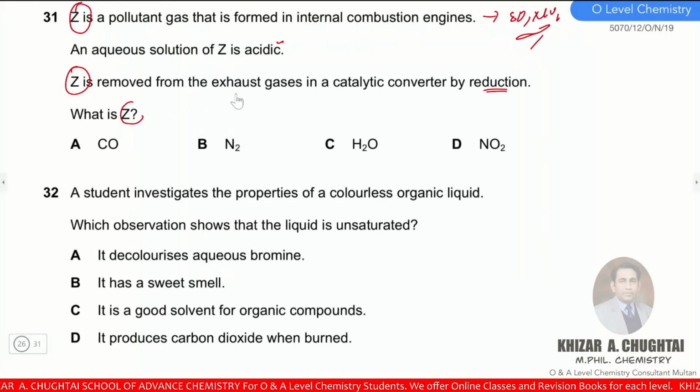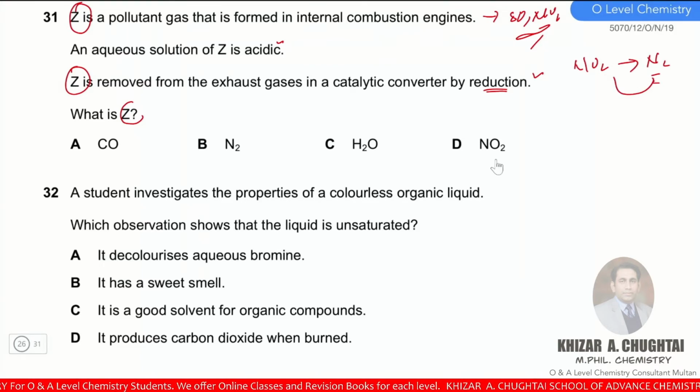Further, it is removed by reduction. Yes, NO2 is reduced into N2, that is the reduction. NO2 and SO2 are the acidic gases from the internal combustion engine, and the appropriate option is the D option. Mainly it is NO2 gas.